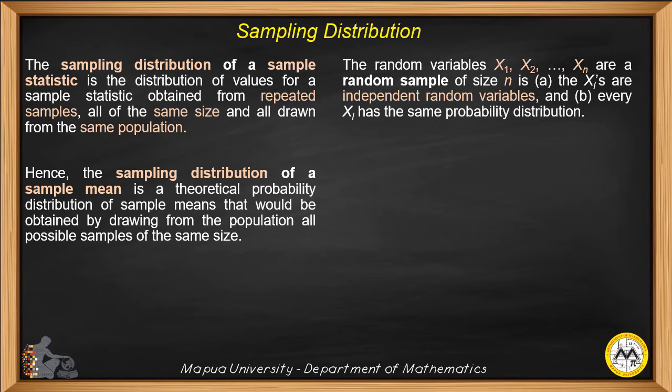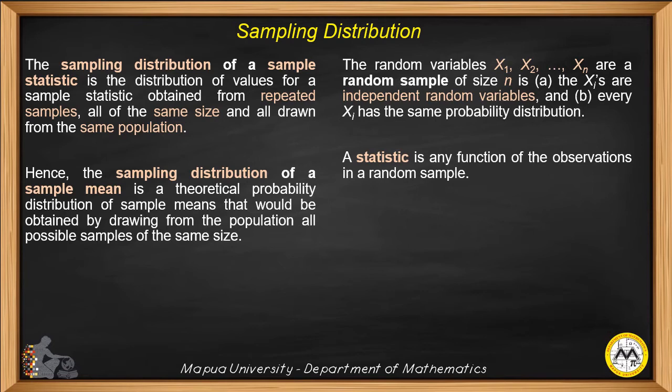If you have a population of 2 million and you're going to get equal samples, say for example, a sample of 100, you're going to get several samples, 100 each, that are independent random variables. So you take randomization. And every sample has the same probability distribution. So that is the sampling distribution.